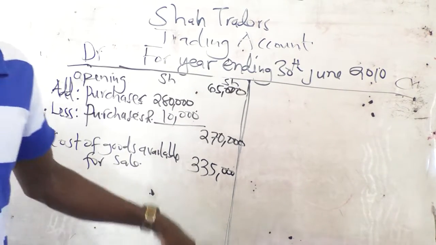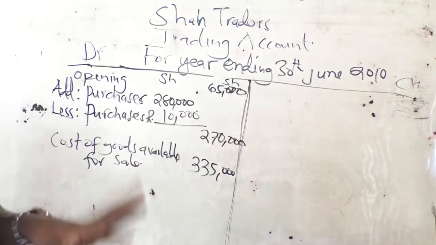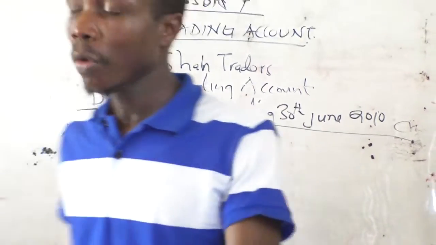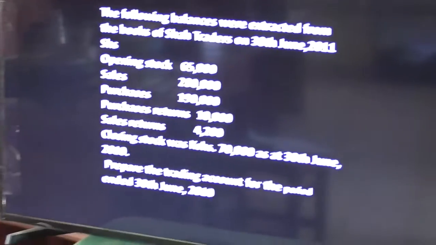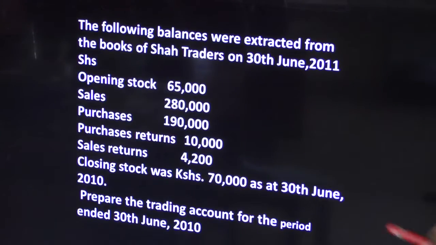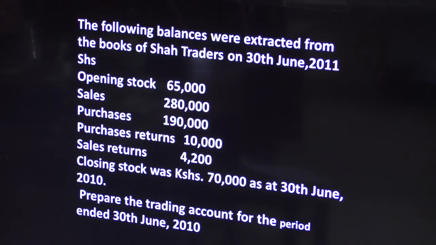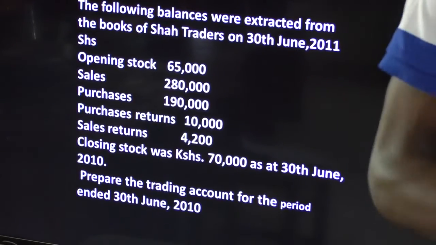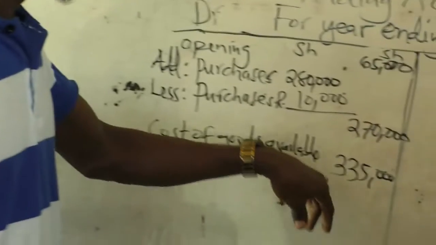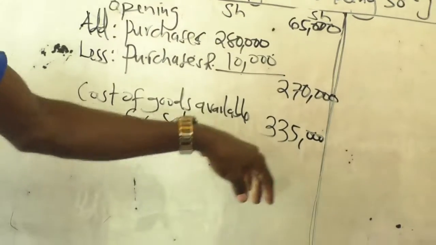But then this is not the end in this side. What we are going to do is subtract the closing stock. If you go back to the entry, we are told in the additional information that closing stock was 10,000. So that's not 10,000 but 70,000, sorry. That 70,000 we are going to subtract from the total goods available for sale.